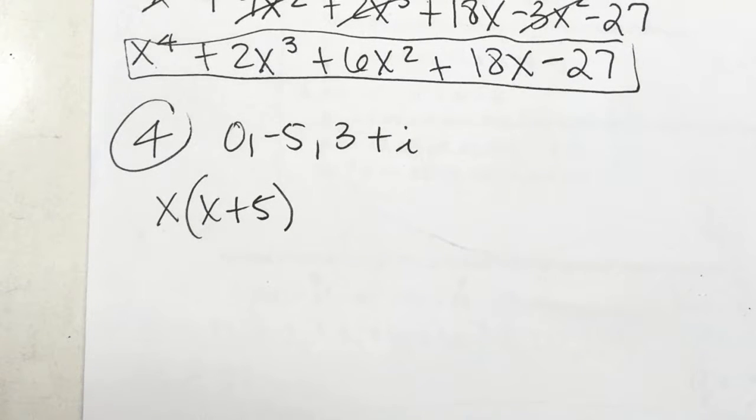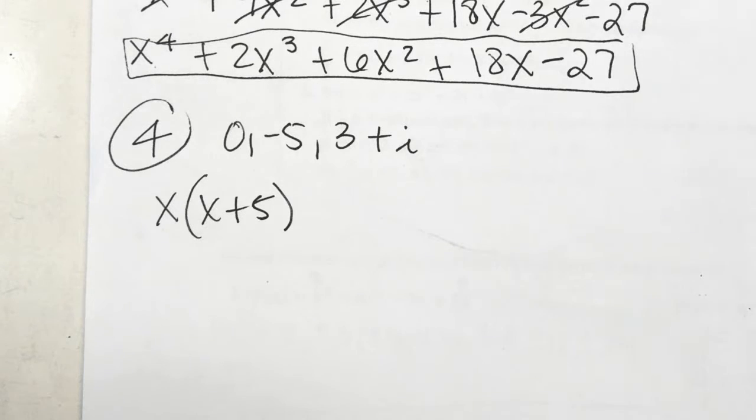Alright, let's go backwards. Or let me write this down. For x plus 5, we had to change the sign, correct? Change the sign. So we're going to do the same thing with this one. But we know if we have an i, it's talking about what? A square root. And with a square root, you'll always have plus or minus, right? Okay.